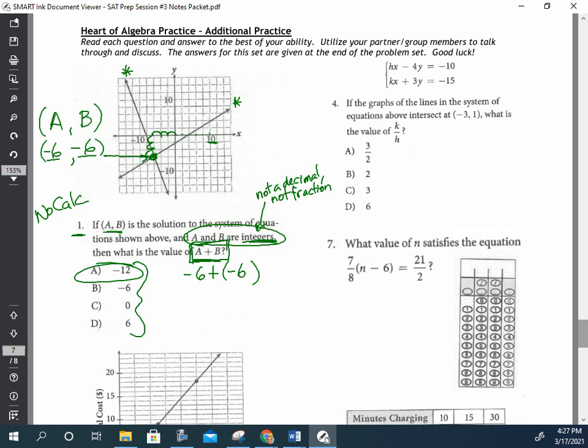So they gave you a problem that looks relatively harmless, a pretty simple problem, and they added a wrinkle to it. That's what SAT questions are: a standard problem with a little bit of something added on the end. So you've got to be careful with those types of problems.